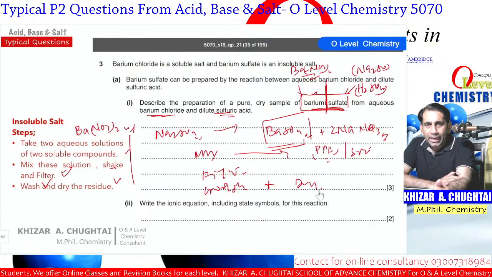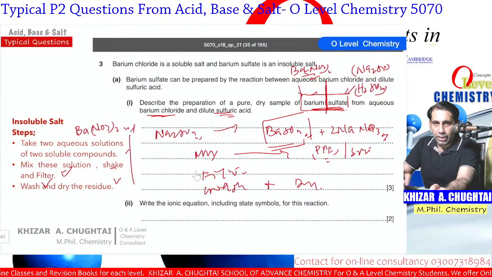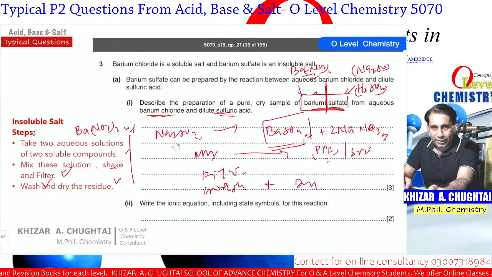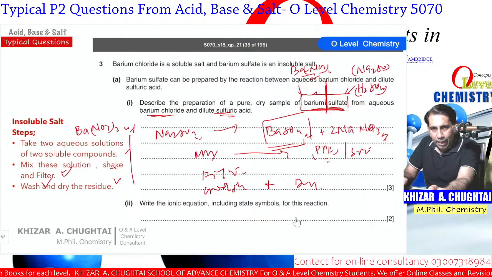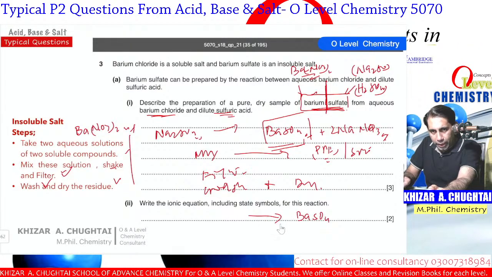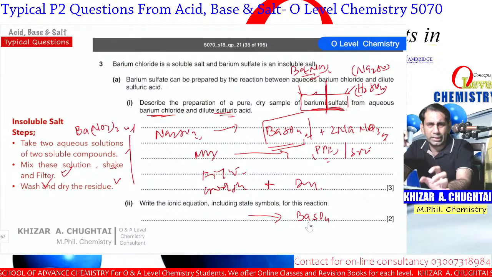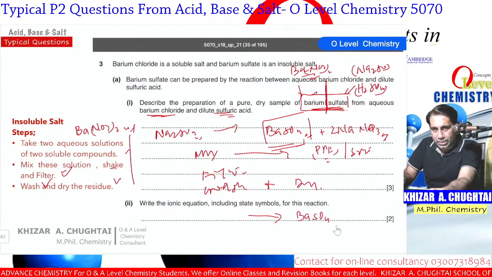Write the ionic equation including state symbols of this reaction. The ionic equation for this one is basically, I'm going to write it in reverse way. It's barium sulfate solid. No need to write the aqueous one, just write the insoluble solid.